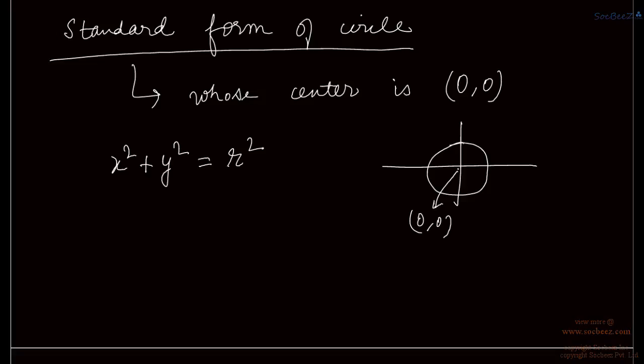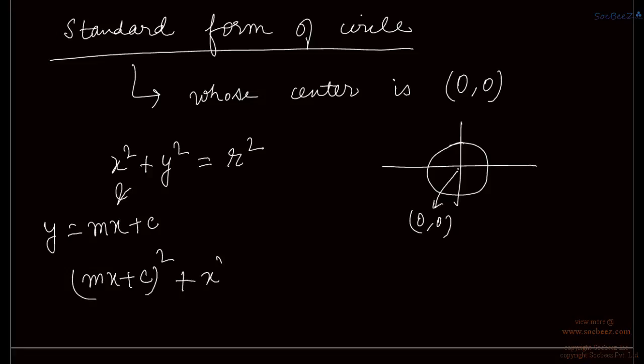So say line y is equal to mx plus c, and a circle x square plus y square, okay, intersect each other. That means to find the point of intersection, this must satisfy this equation. That means (mx plus c) square, which is y square, plus x square is equal to r square, right?